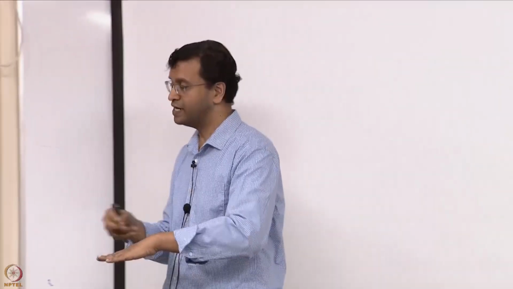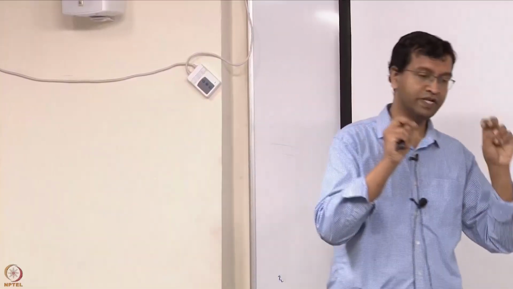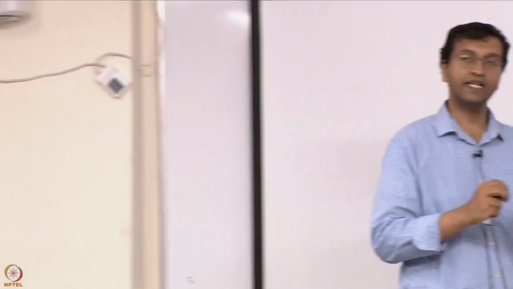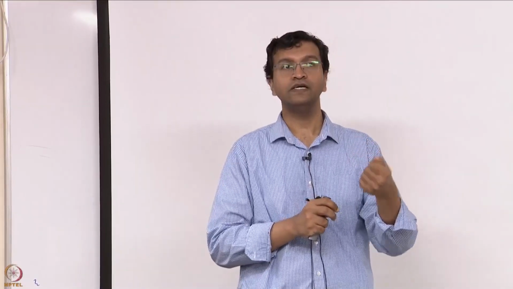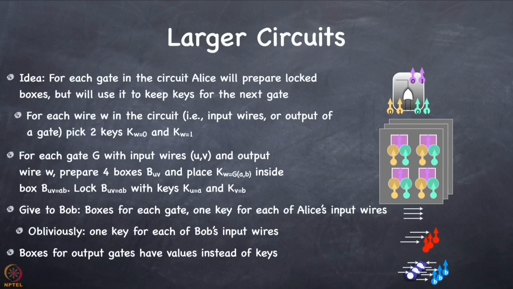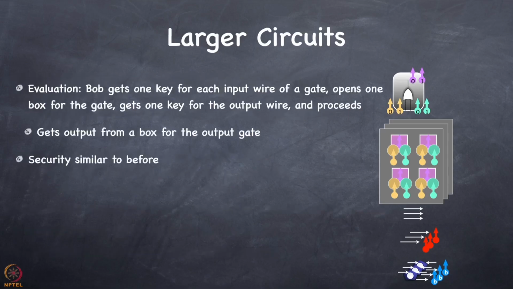That invariant is maintained at the beginning, and at every step when you are evaluating one more gate, what you're getting is one key for the wire coming out of that gate. And at the very end, at the top gate, you could actually have the value itself sitting directly. So when you open that gate, you'll get the value. Yeah, so that's what Bob does.